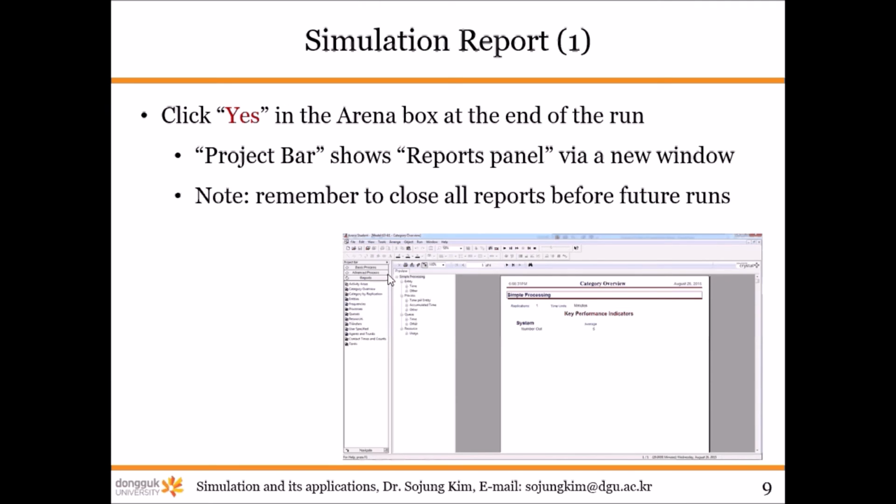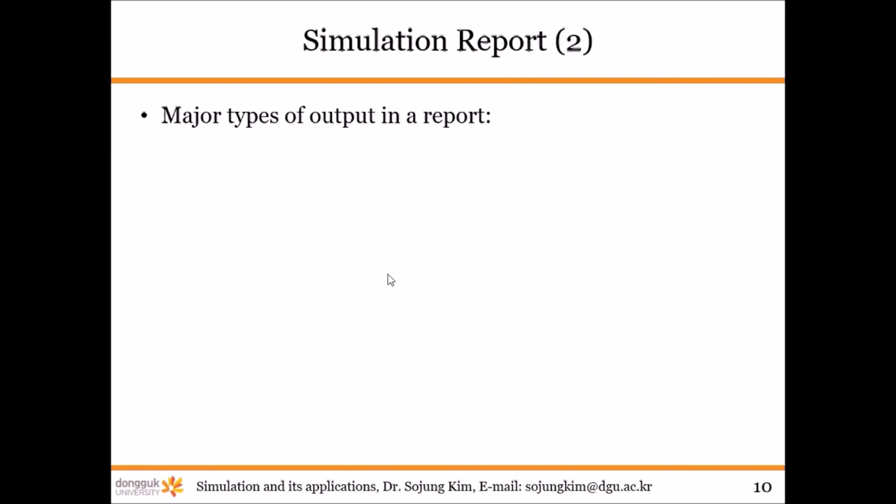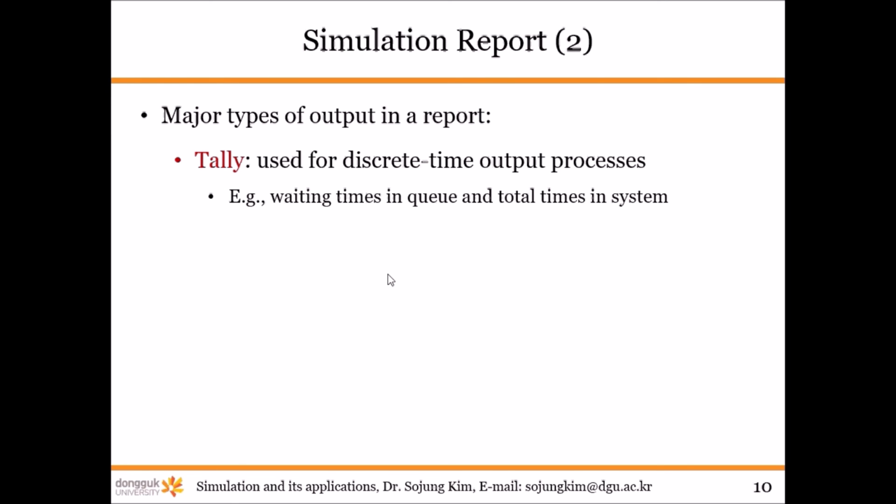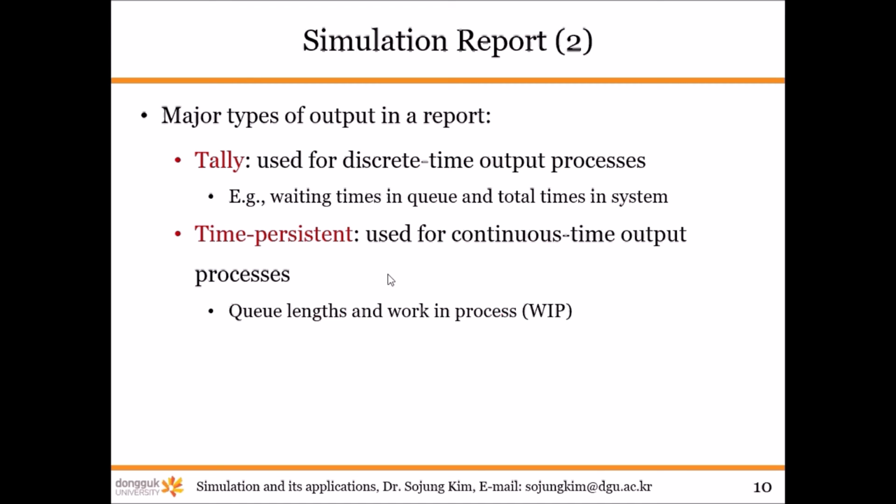And then the simulation report, I already mentioned this part. If you click yes at the end of the simulation, you can see this simulation report, and you can generate a PDF file using this one. The major types of output in the report are tally statistics and time persistent statistics, such as queue length and working process.